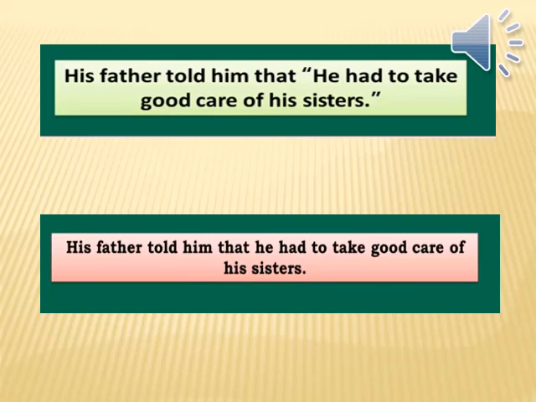Yes, that. That is used when we are writing a sentence in indirect form, not direct form. So how are we going to correct this sentence? We are going to remove the speech marks. So it is going to be, his father told him that he had to take good care of his sisters. Well done.